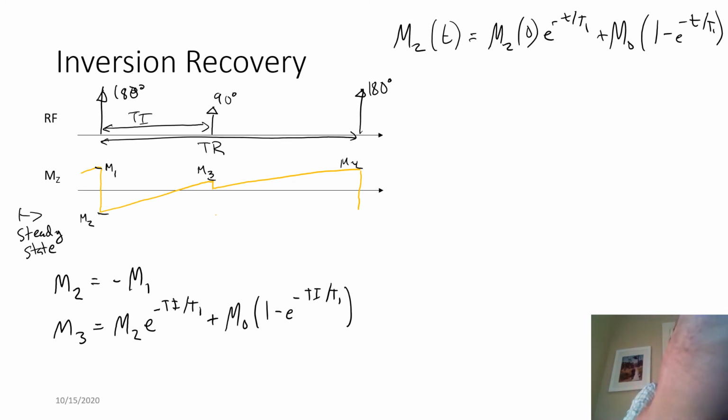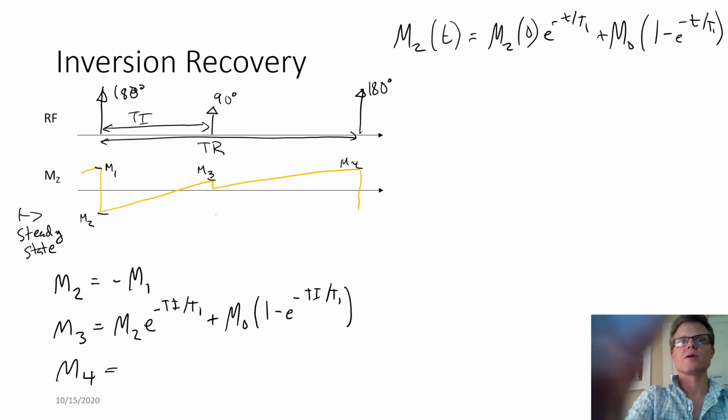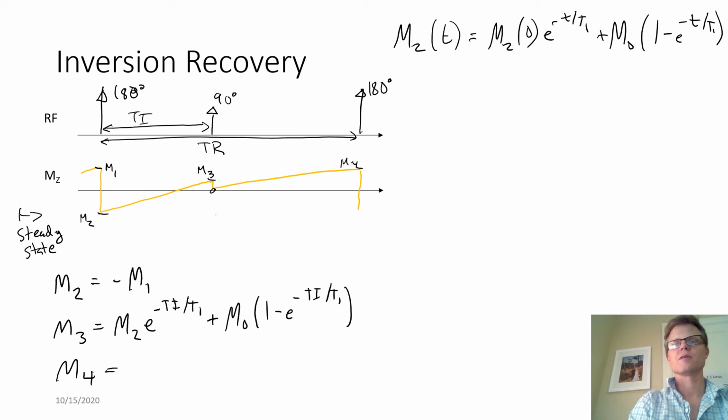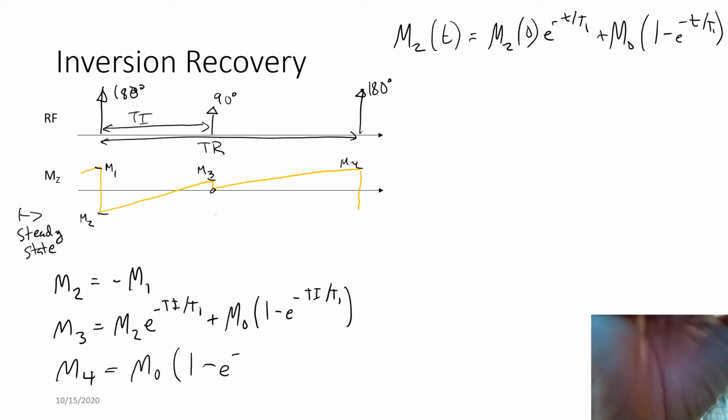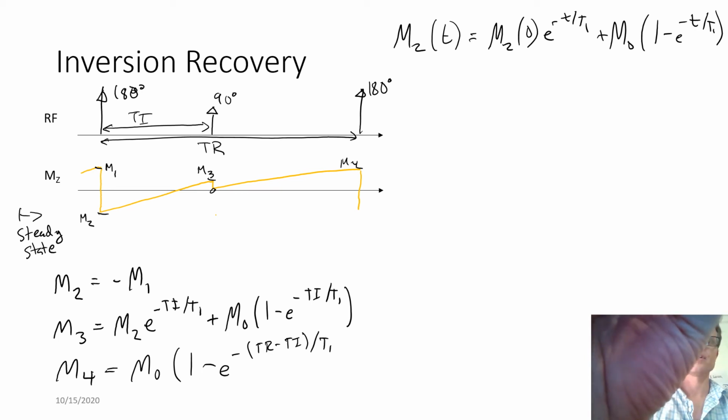So the equation for M4 is simply MZ0 is now 0 in this time interval, right? Here's MZ0, it's nothing. So we're just left with this second term. And we just got to keep a little track of our time interval here.